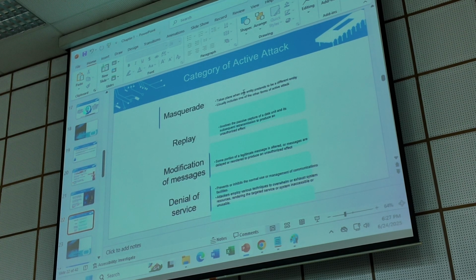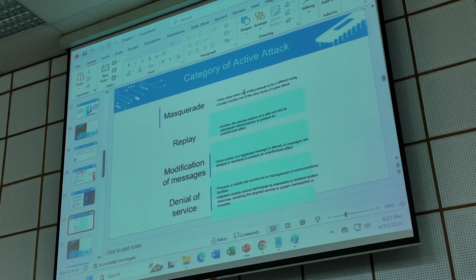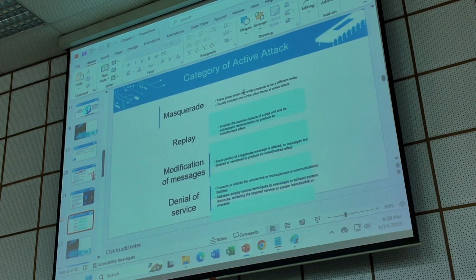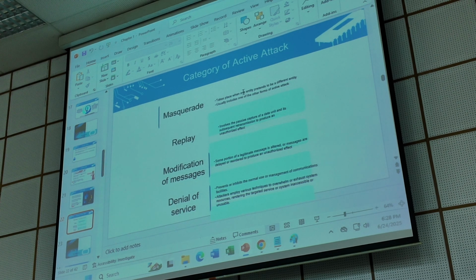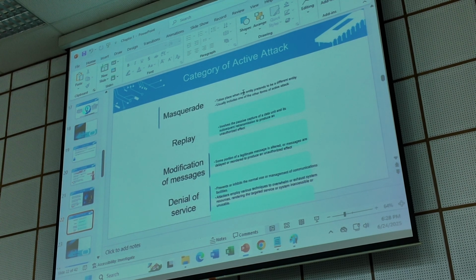For example, I'm not the user for the Facebook app, but I use the username and password to log in and pretend to be the user. This is masquerade. Pretend to be an entity you are not.